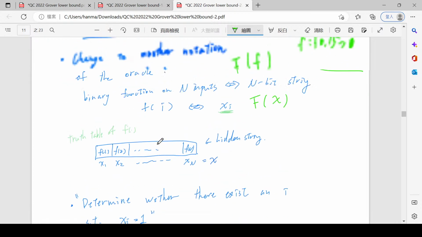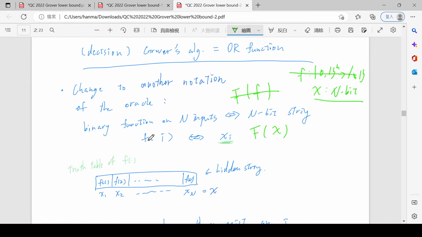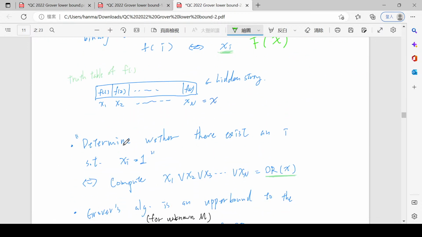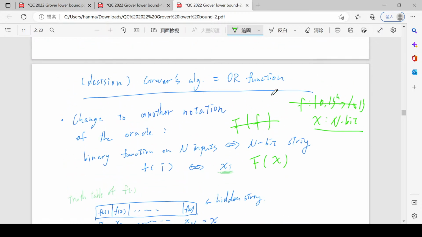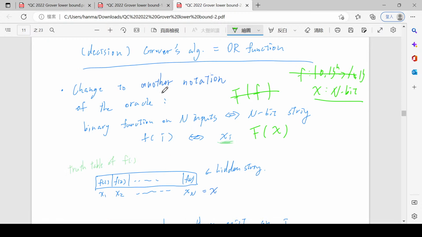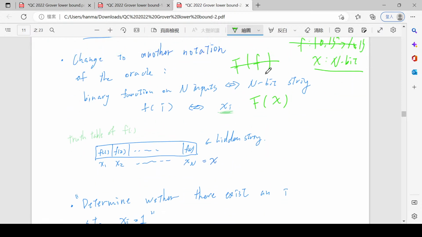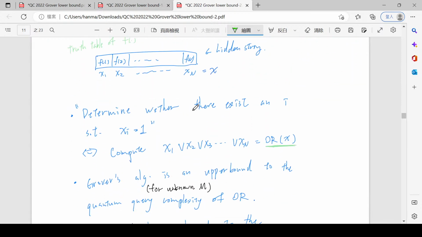It shouldn't be too confusing, because starting from here things will be a bit less rigorous and we'll talk in more high-level terms. Anyway, we are doing nothing but changing notation, from small f to x.